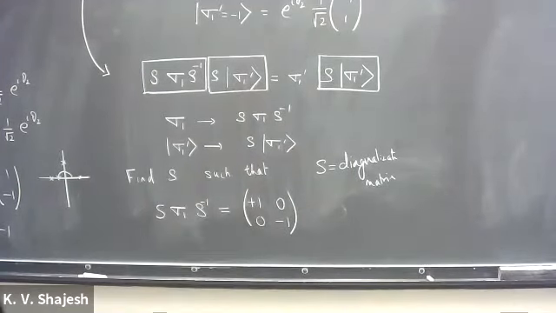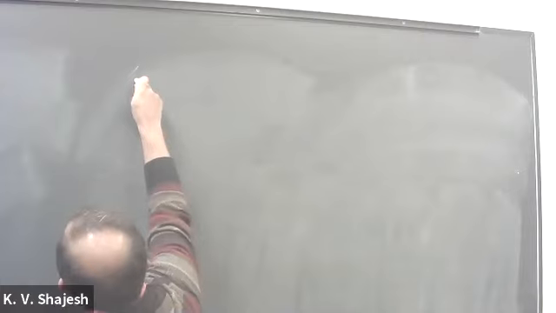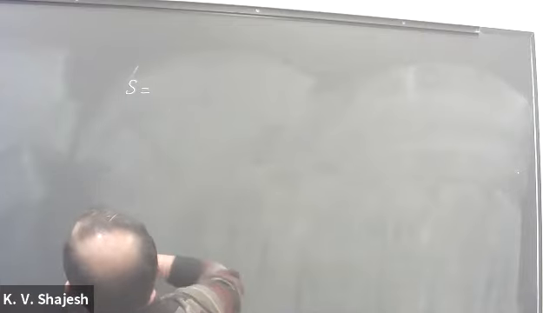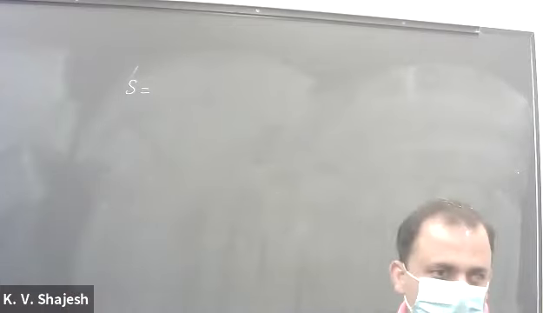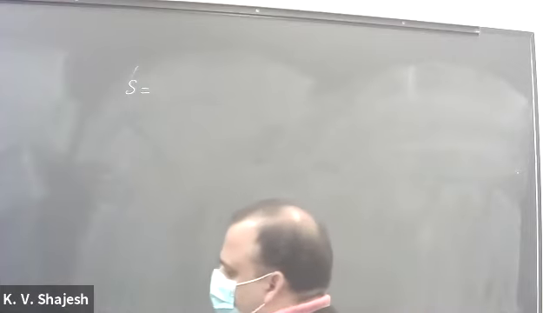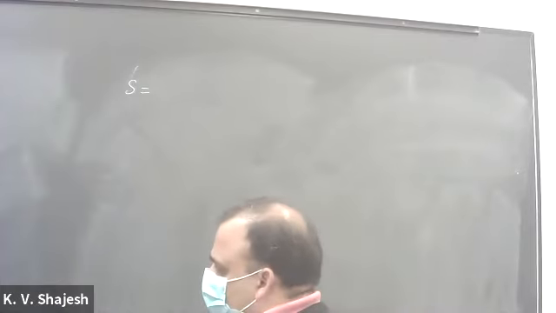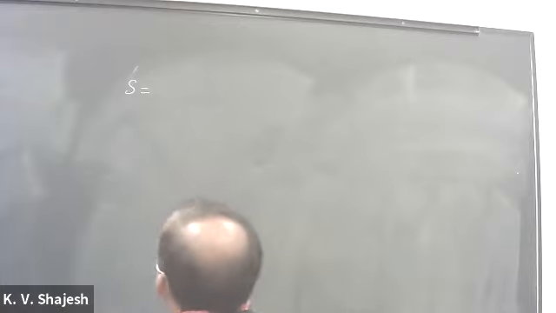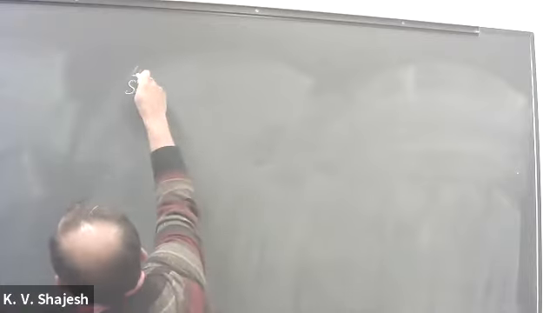Okay. So let S be equal to, we have two eigenvectors, right? Let us construct S inverse as S inverse, whatever is on the right side, right?